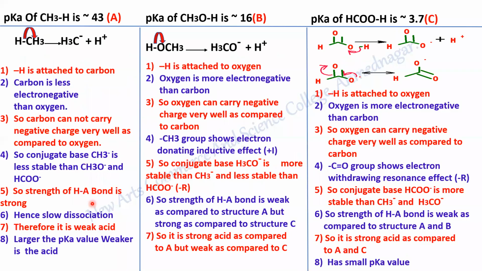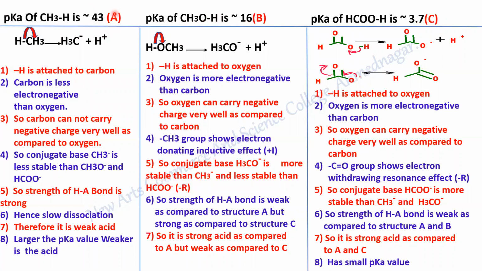Now, let us take the first example. There are 3 different molecules: the first is methane, the second is methanol, and the third is methanoic acid. The pKa values are given: nearly about 43, this is 16, and this one is 3.7.